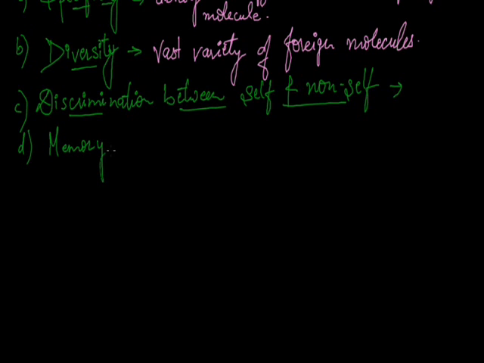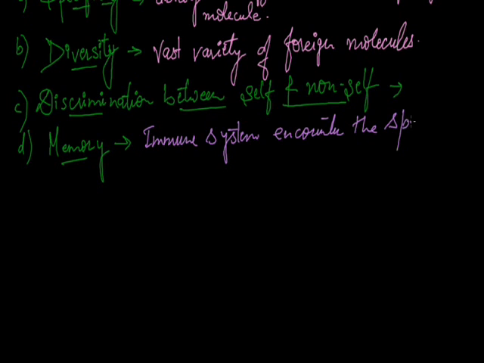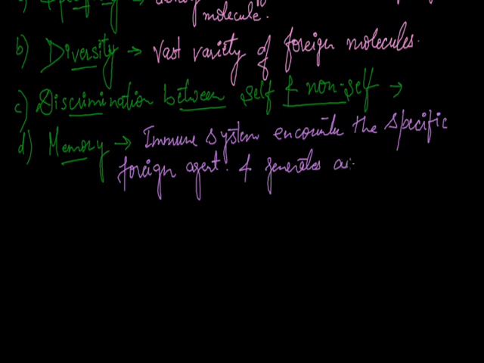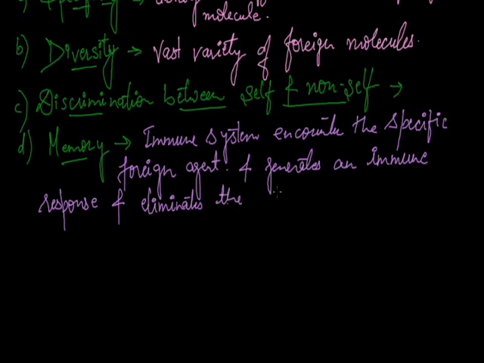To generate a memory, the immune system encounters the specific foreign agent, generates an immune response and eliminates the invader.